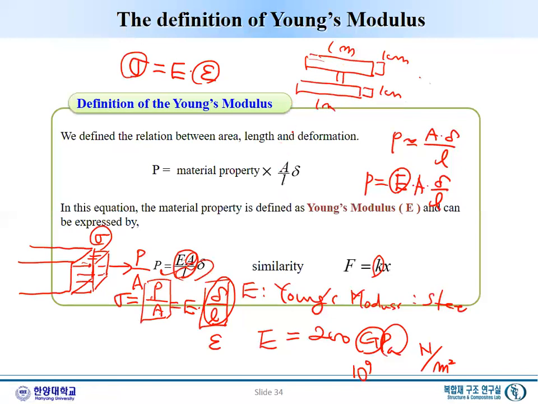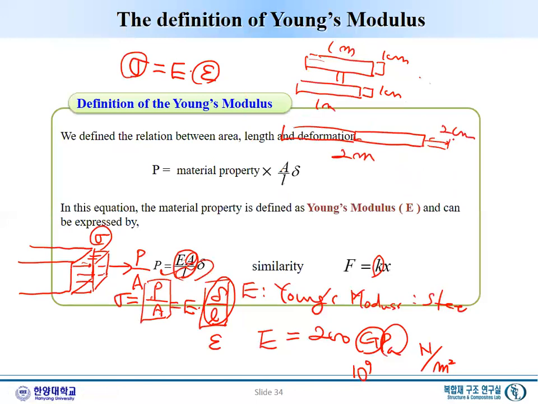Now we attach these two members together. What does it mean? We attached them together, so we have this and we have that, so one member. Now, how much deformation do we have? This is totally 2 meters and totally 2 centimeters, right?